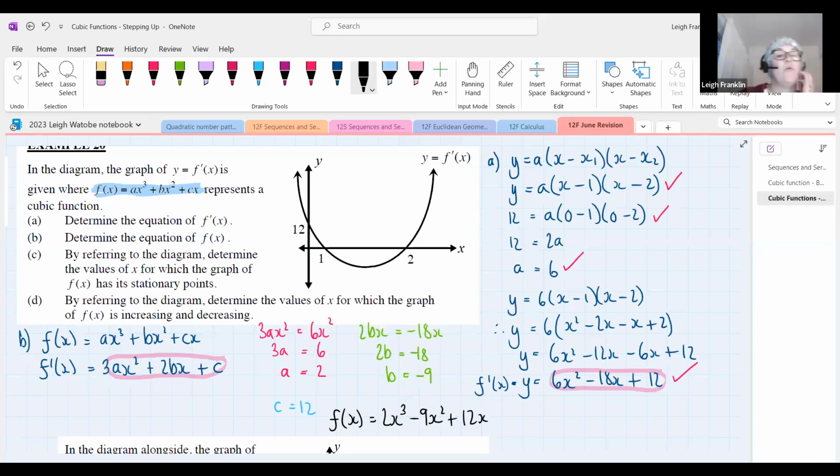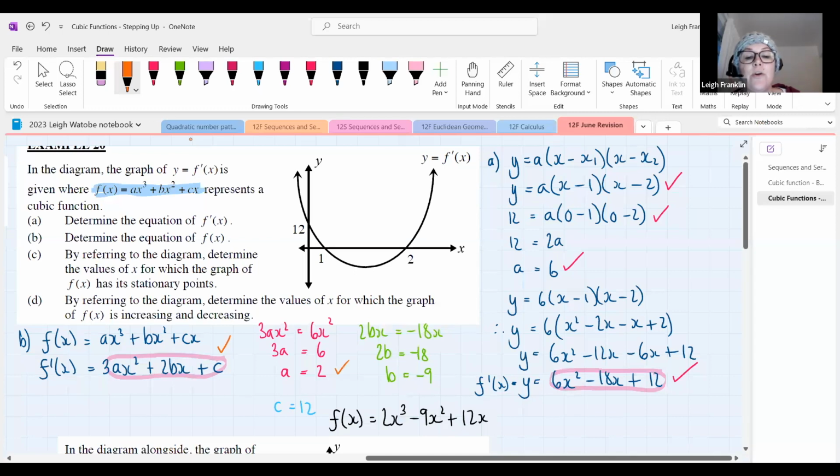And that's how we would determine the equation of f of x. Any questions? Again, apart from the mark allocations. So there would have to be a mark for the first derivative, and accuracy on a and b and c. Any questions?